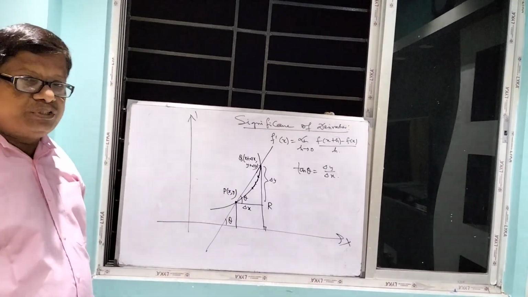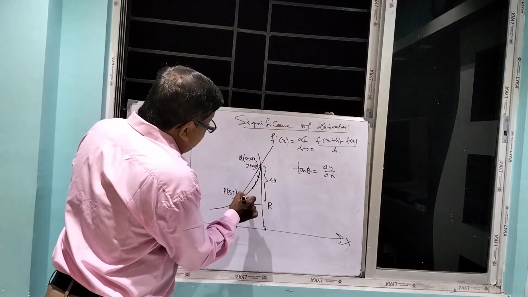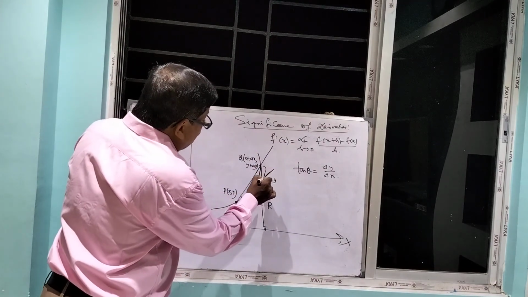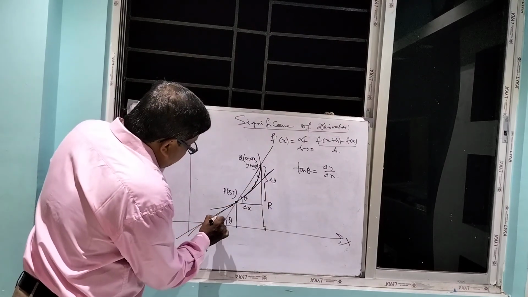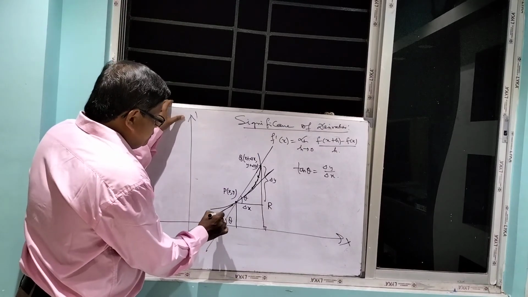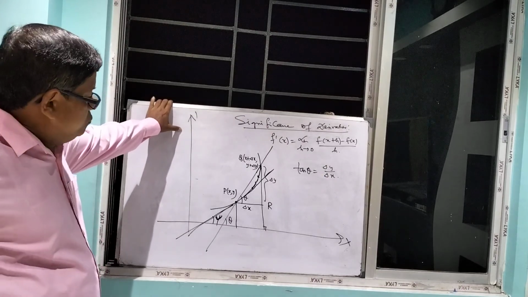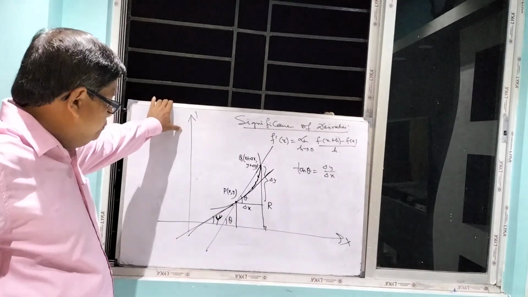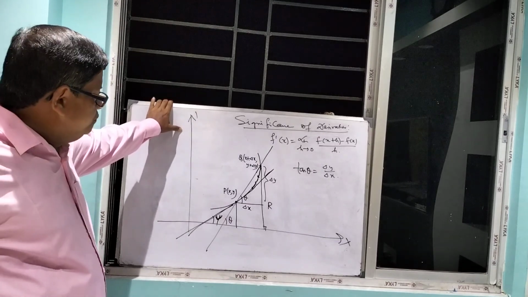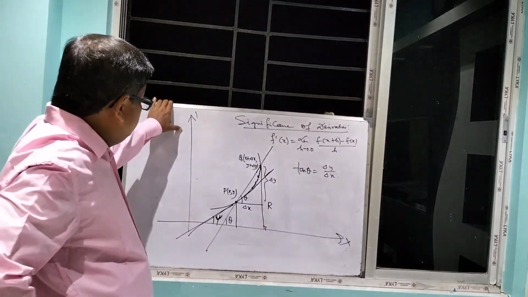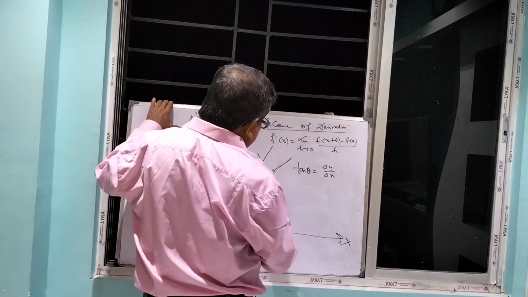When delta x tends to 0, then this line becomes the tangent here. Suppose this angle is phi. If Q tends to P, that is delta x tends to 0, then the line will be the tangent line.